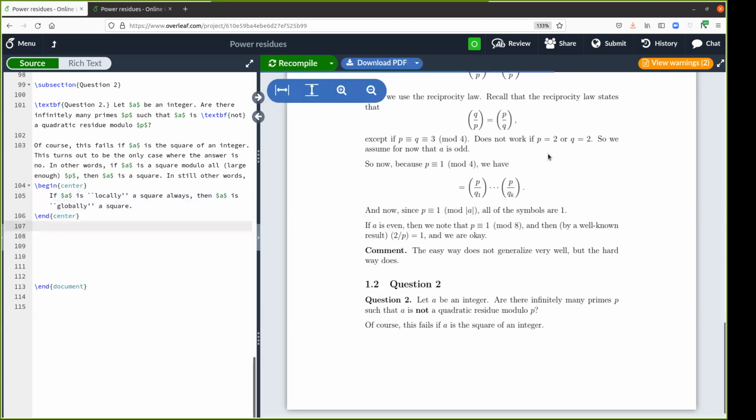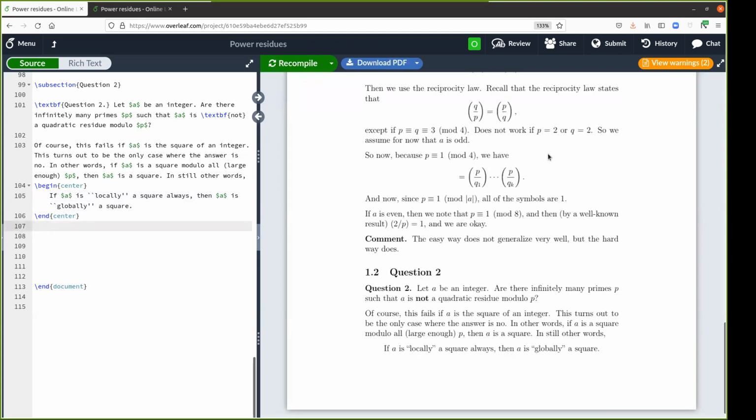I like to phrase this kind of result as a local-global principle. So basically what question 2 boils down to is showing that if A is locally always a square, then A is globally a square as well.